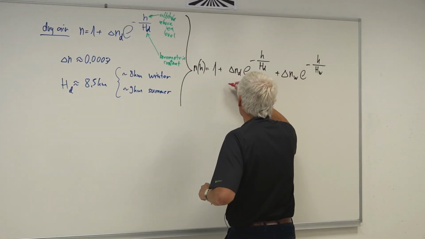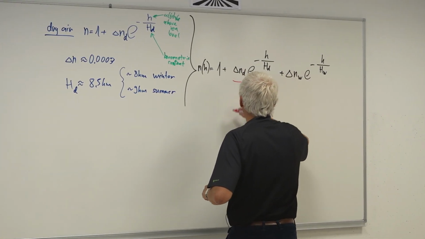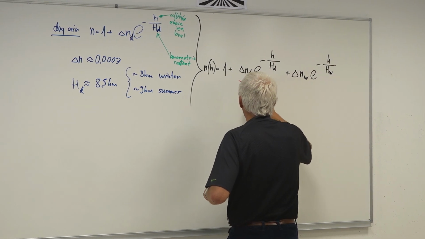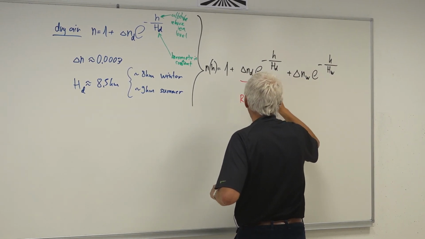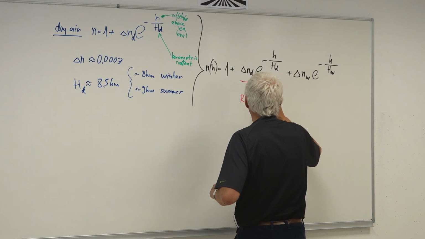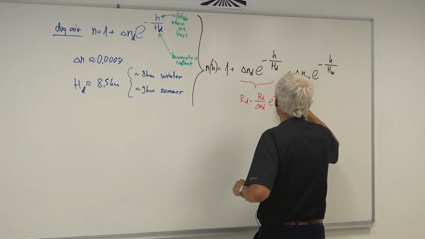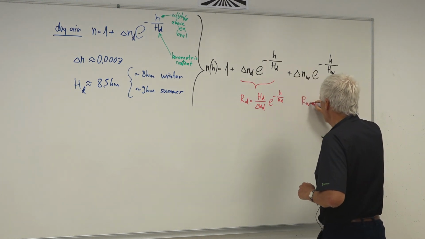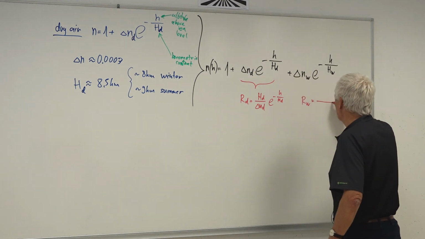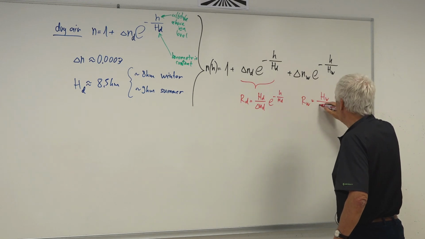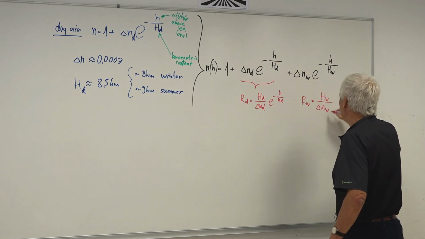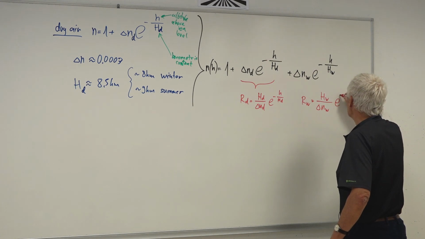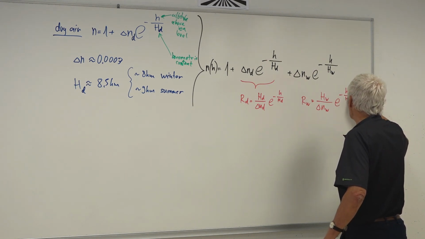From this term here, I get R dry, that is equal to H dry over delta N dry times the exponent function of H over H dry. This is this curvature, and the curvature for the wet part of the atmosphere is now H wet over delta N wet part, times the exponent function e to the minus H over H wet.